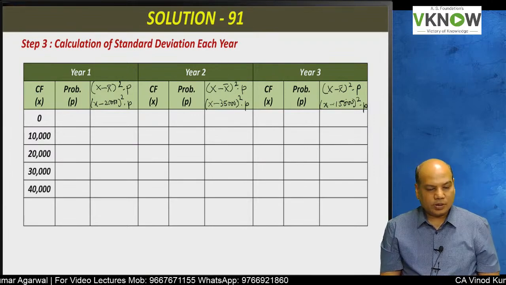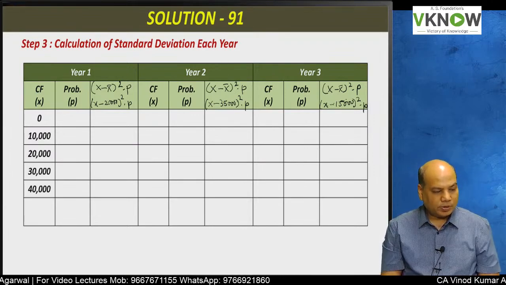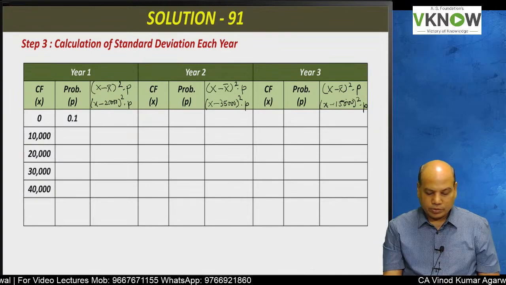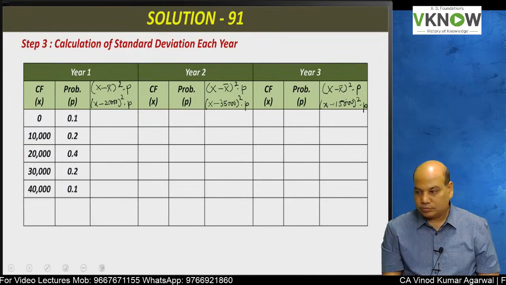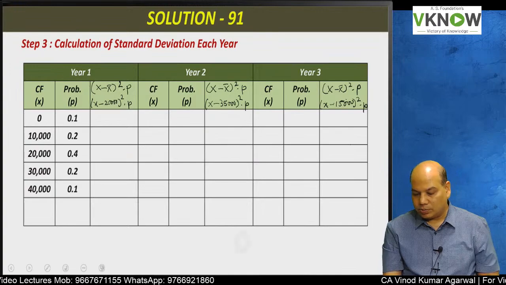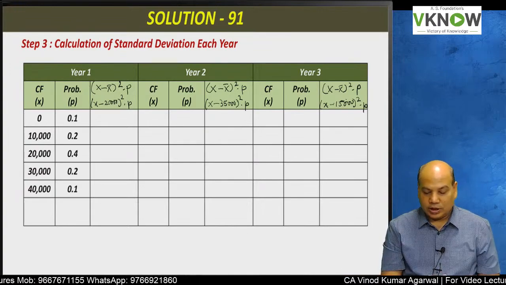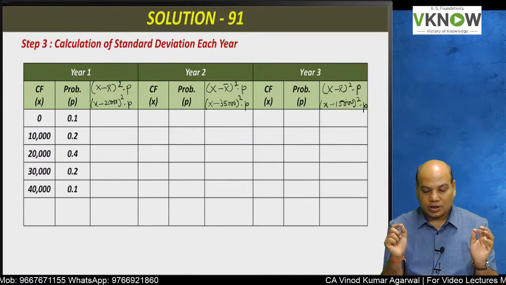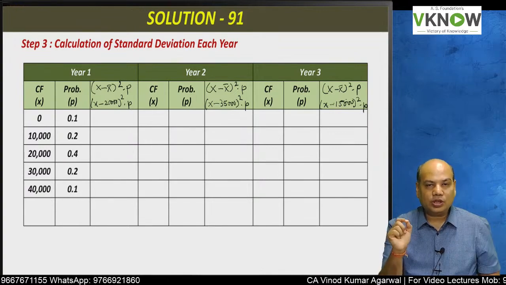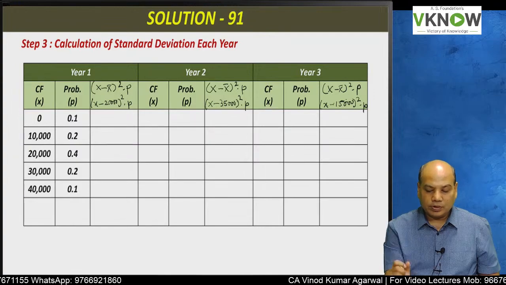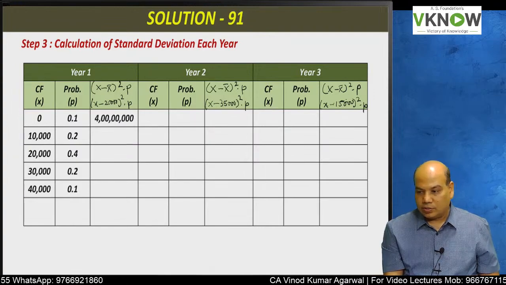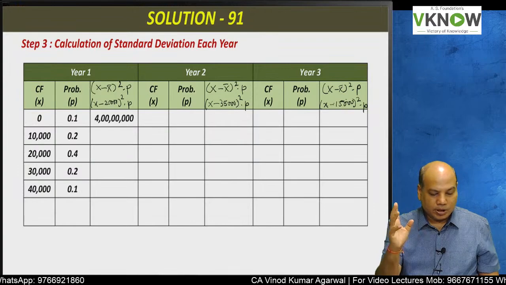Copy the cash flow and the probability from the book. Now you take (0 minus 20,000) square into 0.1. That will be 4 crore, a very big amount.